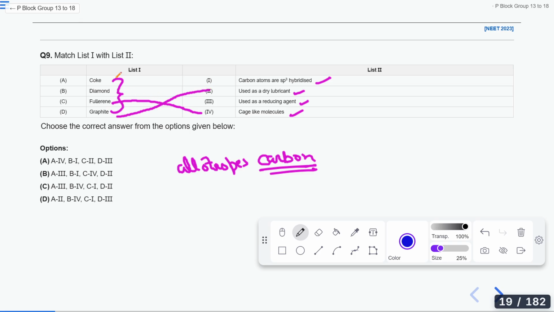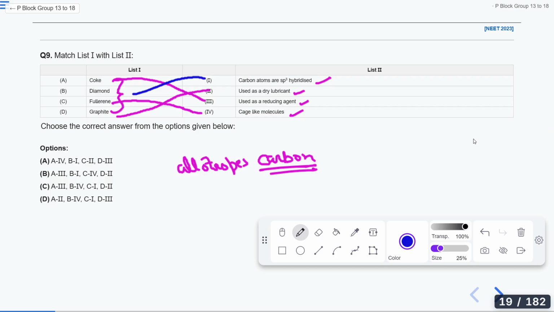Then coke. Coke is used as a reducing agent. And the last one, diamond. Diamond has sp3 hybridization. So A3, then we have B1. So the correct answer would be B.